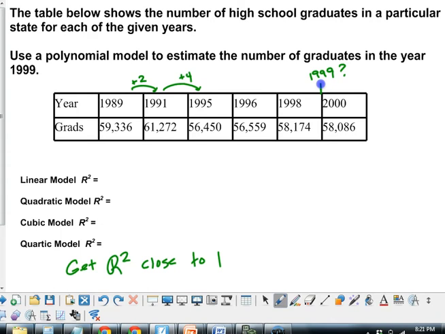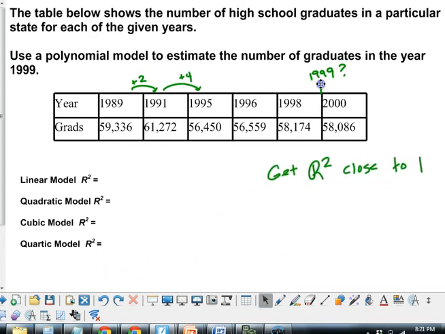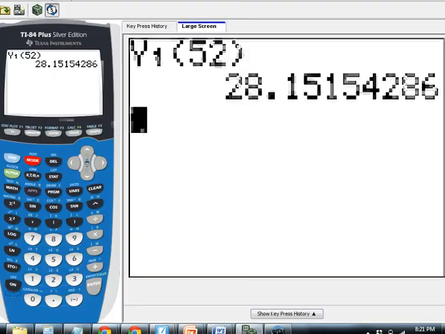So we're going to find the linear R squared, the quadratic R squared, the cubic R squared, and quartic as well, and we'll discover which one is better at fitting the actual data that we have. So we want to check this out, and to do this we're going to have to use a calculator.